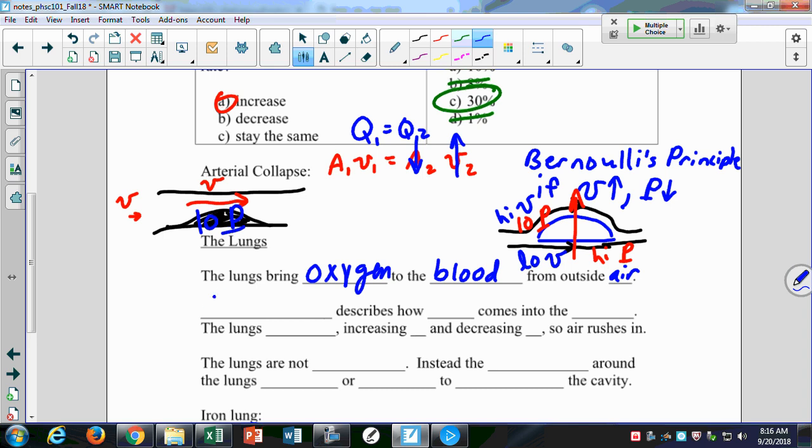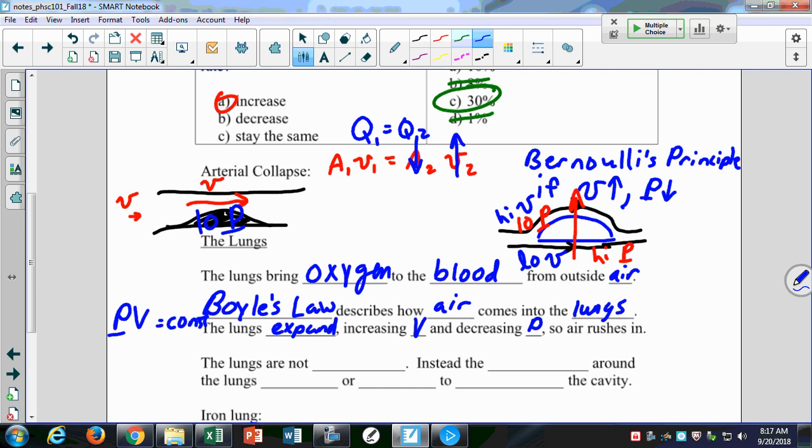Boyle's law describes how air comes into the lungs. The lungs expand, and that increases V, and it decreases P. Remember Boyle's law, PV is equal to a constant.